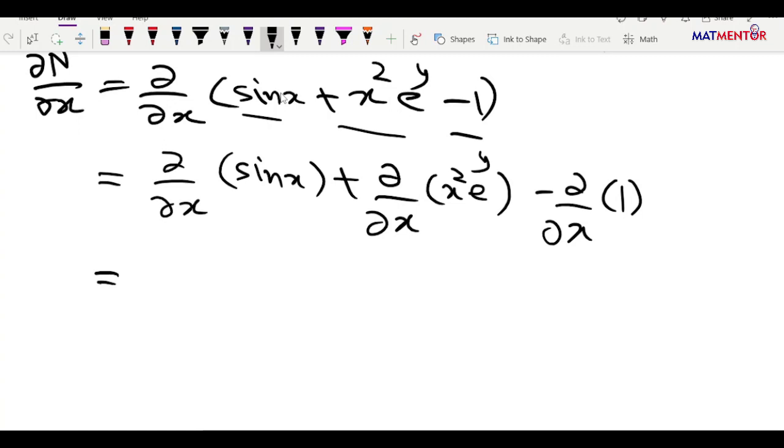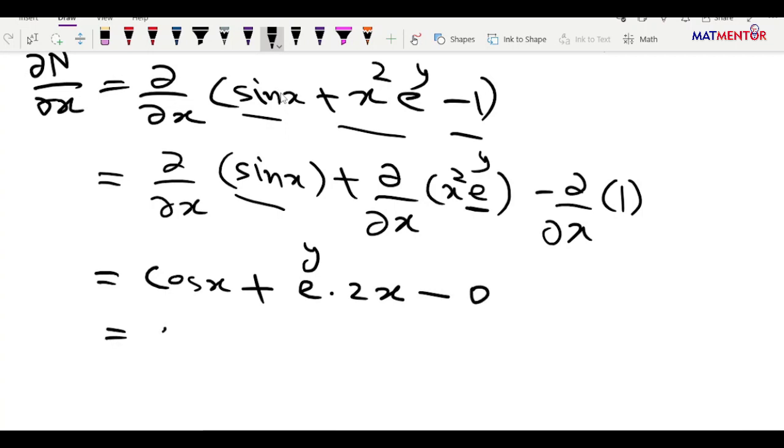Here we are differentiating partially with respect to x. It means any variable other than x, like y here, we will treat as a constant. So the derivative of sin x will be cos x, plus e^y is constant because we are partially differentiating with respect to x, so we will bring it out of the derivative and differentiate x² only. The derivative of x² will be 2x, minus 1 is constant, so its derivative will be 0.